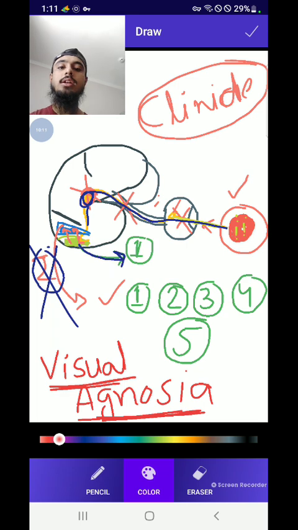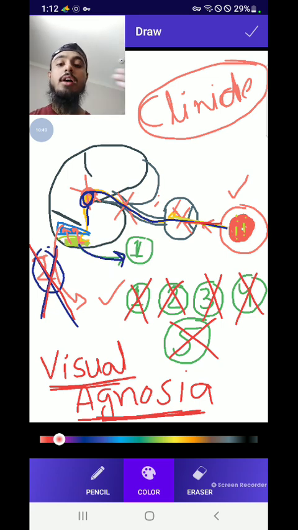The patient sees the object because the pathway through the retina, the optic chiasma, the lateral geniculate nucleus, and the primary visual cortex is intact and functional, but there is damage to the second area, the visual association cortex. So all these functions, shape, size, color, movement, and comparison with past memory, are lost. The patient develops visual agnosia, in which the patient sees the object but cannot recognize it, cannot analyze it, and cannot compare it with past memory.